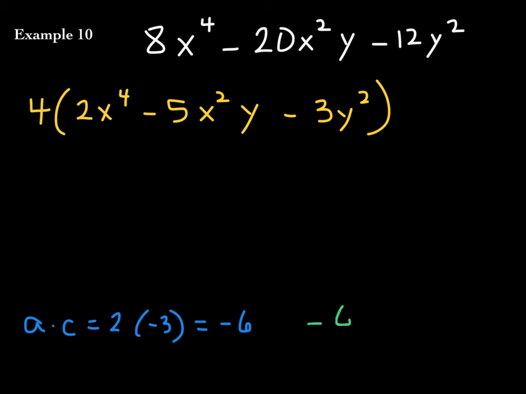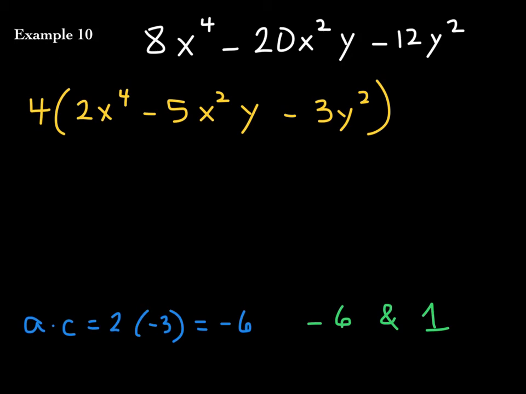So how about negative 6 and positive 1? Of course, when you multiply these two, you get negative 6. And when you add them, you get negative 5. So I'm going to split this middle term into two terms whose coefficients are negative 6 and 1, and the variable part stays the same.